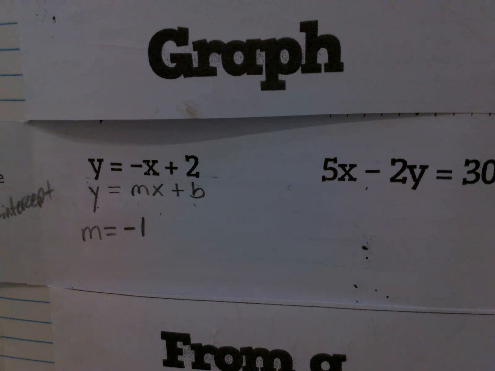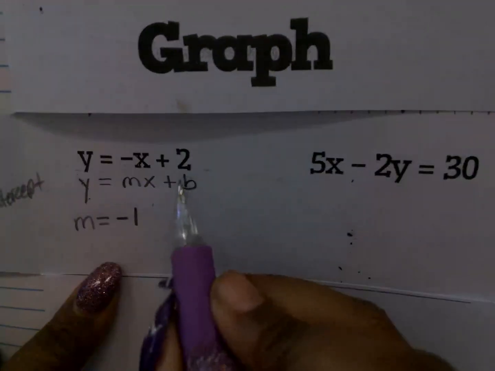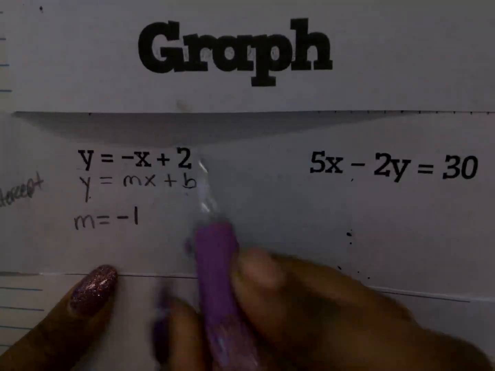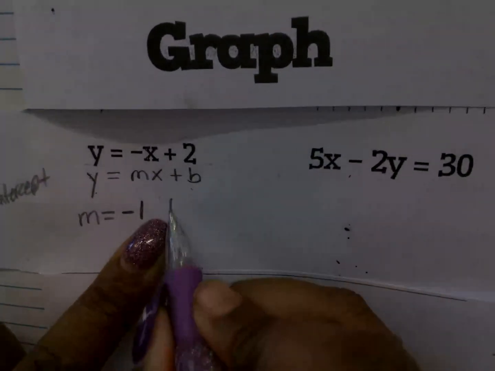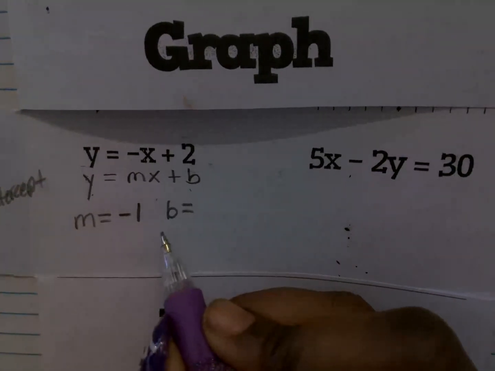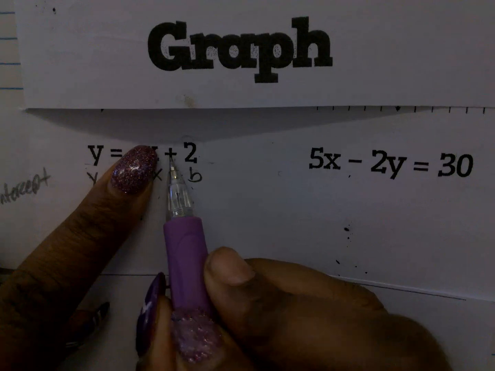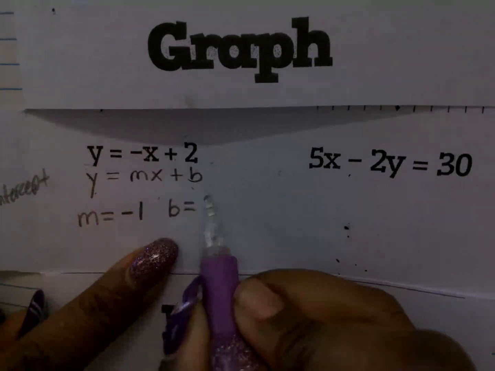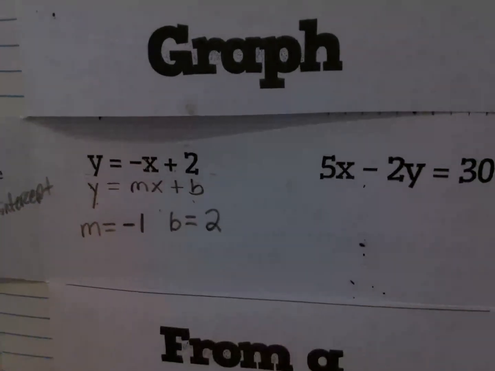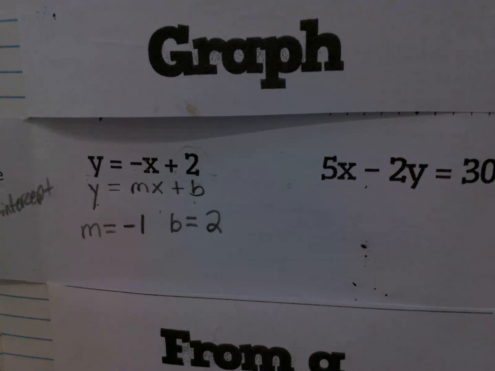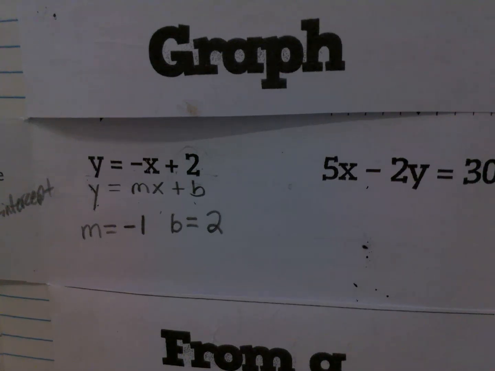Since there's a negative in front of that x as well, it's -1. Your b is the number that has nothing attached to it. So your b here is going to be +2 because the operation in front of the 2 is a positive. That's how you identify your slope and your y-intercept in an equation.